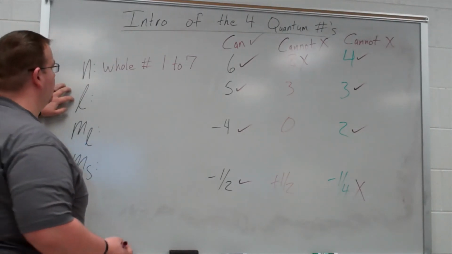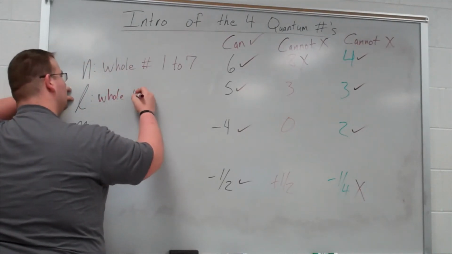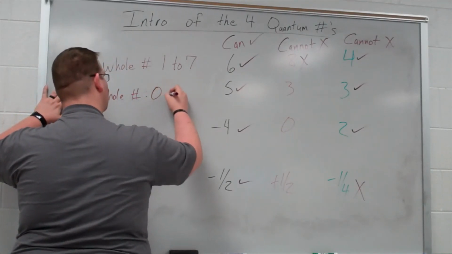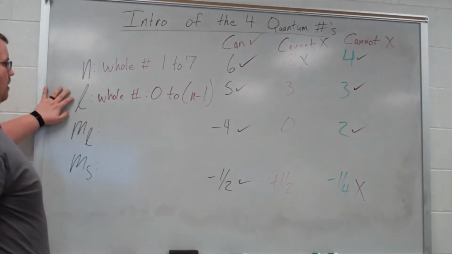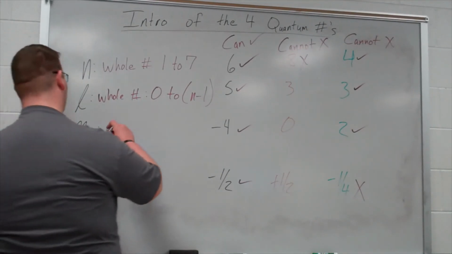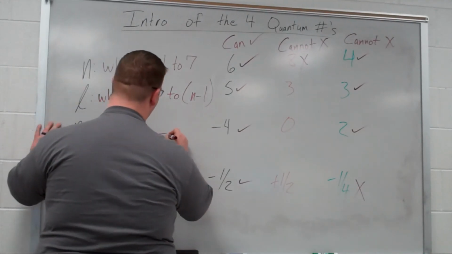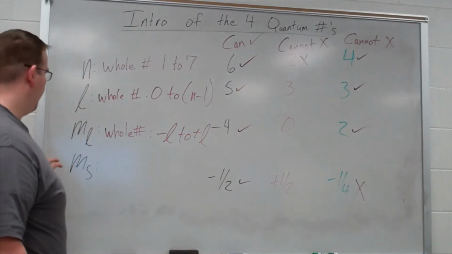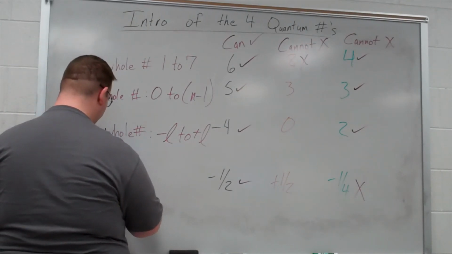L is a whole number of 0 to n minus 1. m sub L is a whole number, negative L to positive L. And the spin quantum number can only be plus 1/2 or negative 1/2.